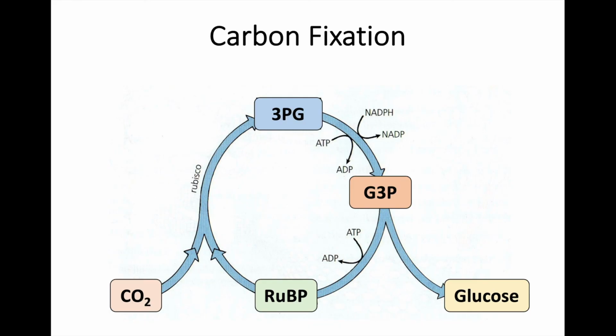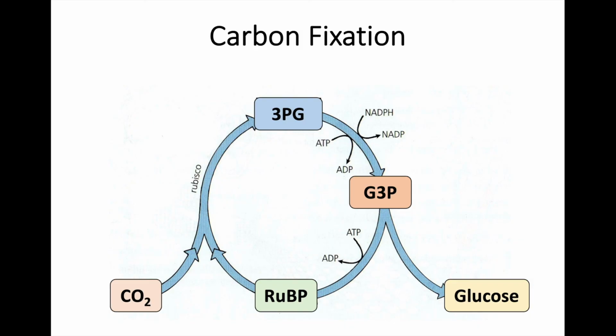After that coenzyme has left, after the phosphorylation has taken place, we now have G3P. And G3P, the majority of it is going to be synthesized into glucose, but some of it is going to be phosphorylated again in order to regenerate RuBP. And this cycle keeps going on, as you can see, just continuously.